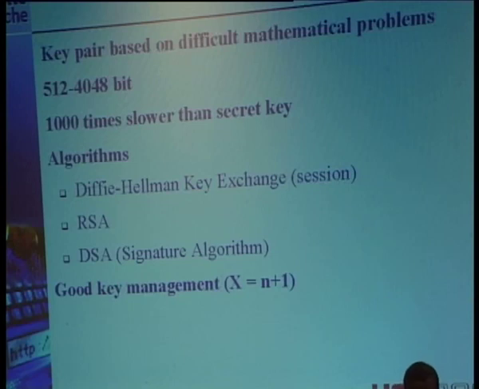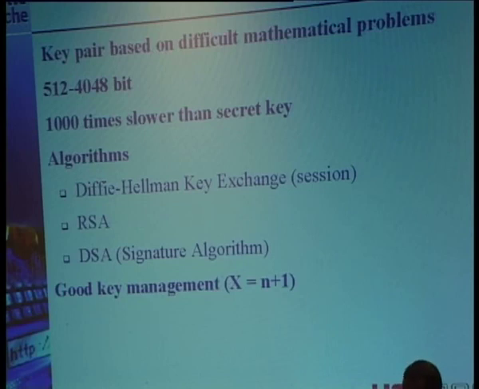The key management is very good because if you have 10 people, then I as an individual have 11 keys. 100 people, I have 101 keys. So it's not exponential. The other part, what is very good, is you don't have to share a key.